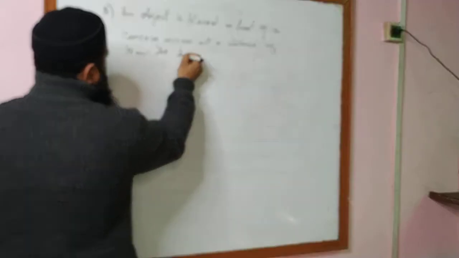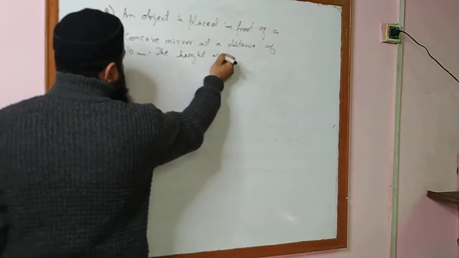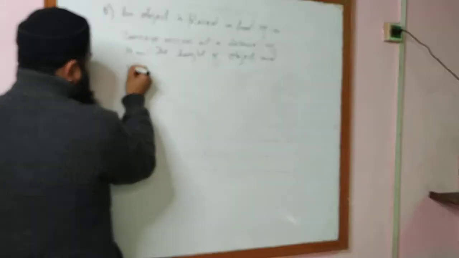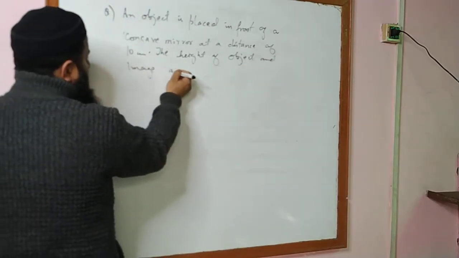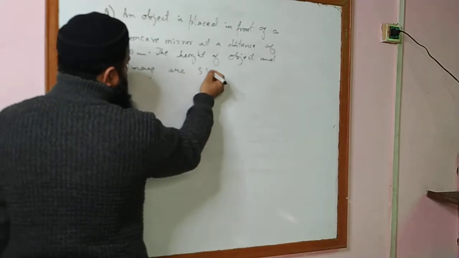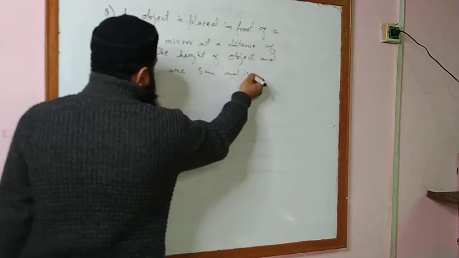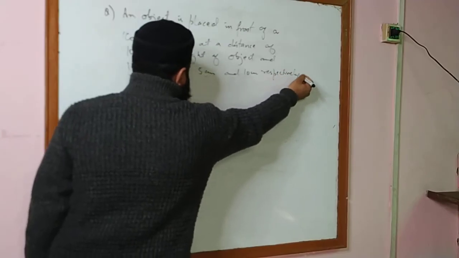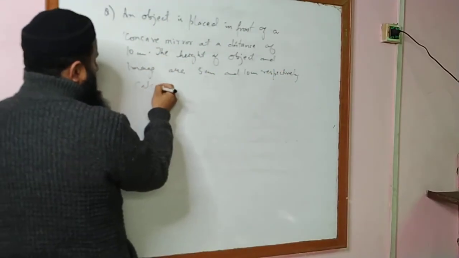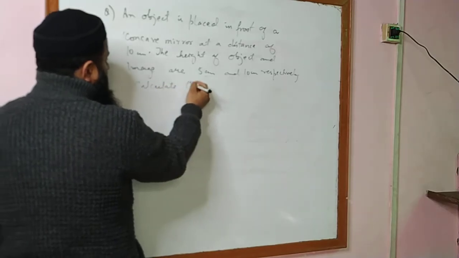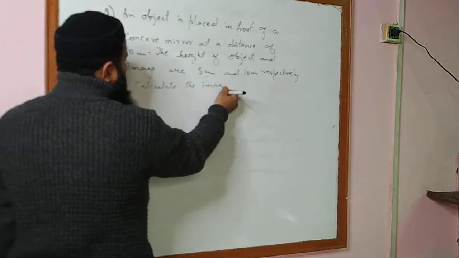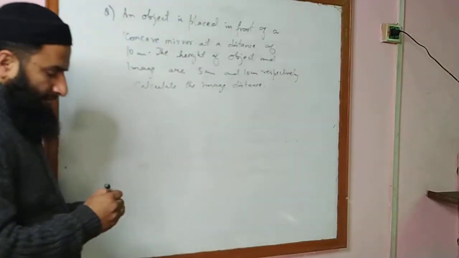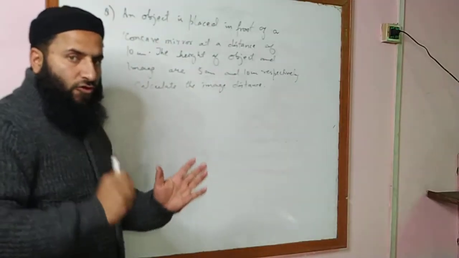The height of object and image are 5 centimeter and 10 centimeter respectively. Calculate the image distance. This is the numerical which we are supposed to solve.